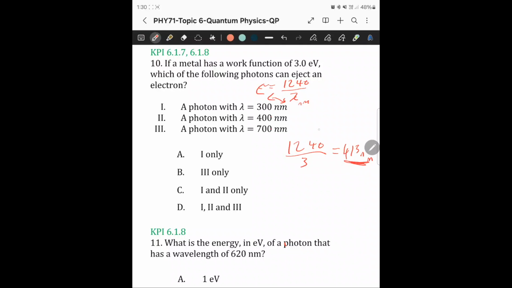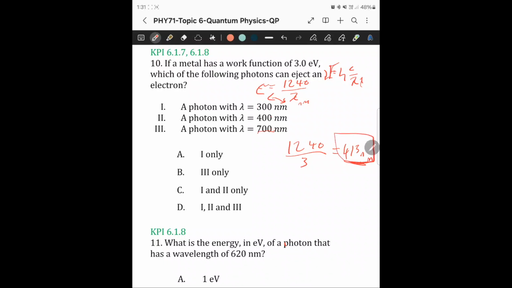Now that I know this is the cutoff wavelength, my wavelength should be greater or less. Which one is it? Is it going to be this one, or is it going to be these two? If you forgot, remember the rule, E equals hc over lambda. They're inversely proportional, aren't they? So, in order for the electrons to come out, I must have a smaller wavelength than the threshold.